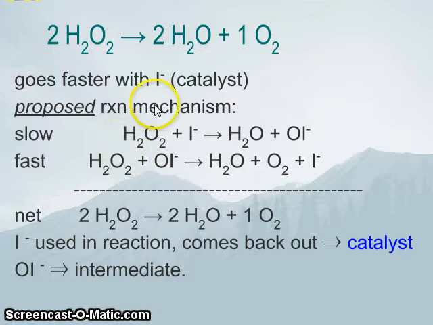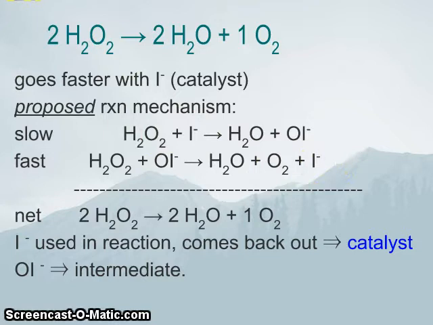And the proposed reaction mechanism for this particular reaction is the hydrogen peroxide reacts with the iodine, forms this OI intermediate, and then that OI intermediate reacts with the other hydrogen peroxide to form water and oxygen. Now you notice the iodine started as a reactant and ended as a product. This is the definition of a catalyst. It's not in the overall reaction, but we start with it and we end with it.